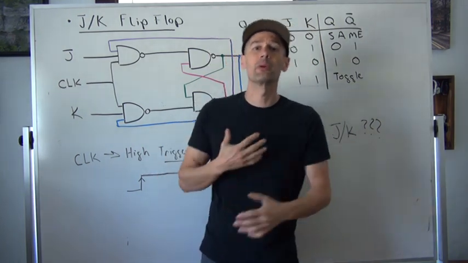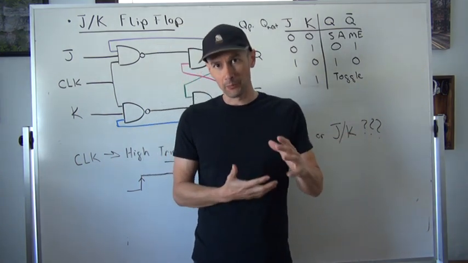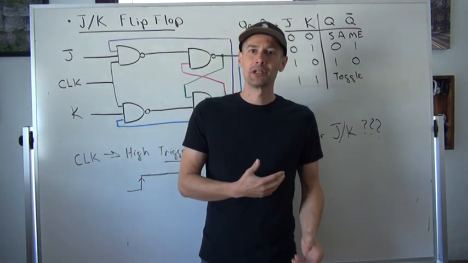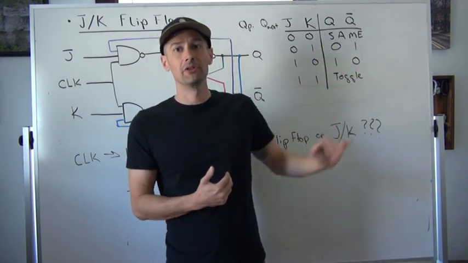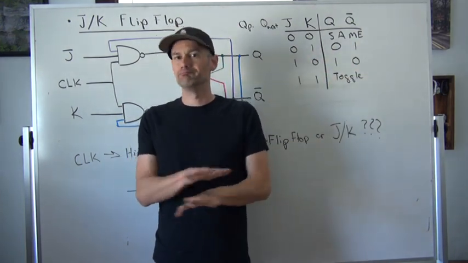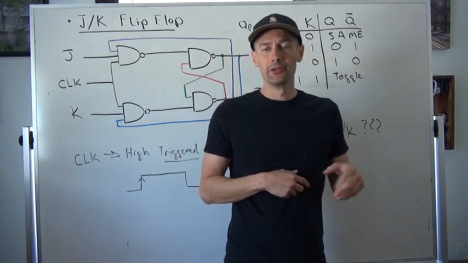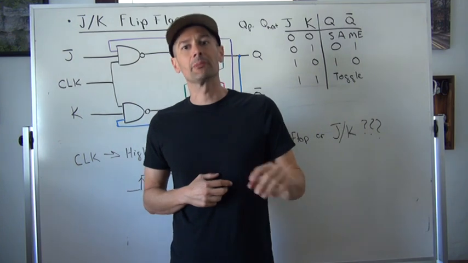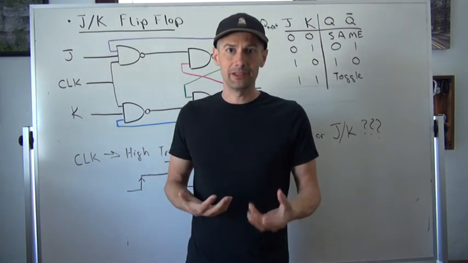Now, we started off with the SR latch. Remember, we had an issue with that in which we had a forbidden state where Q and Q bar did not work because they were both the same. We never want those two outputs to be the same. So we built on that and developed the D latch.